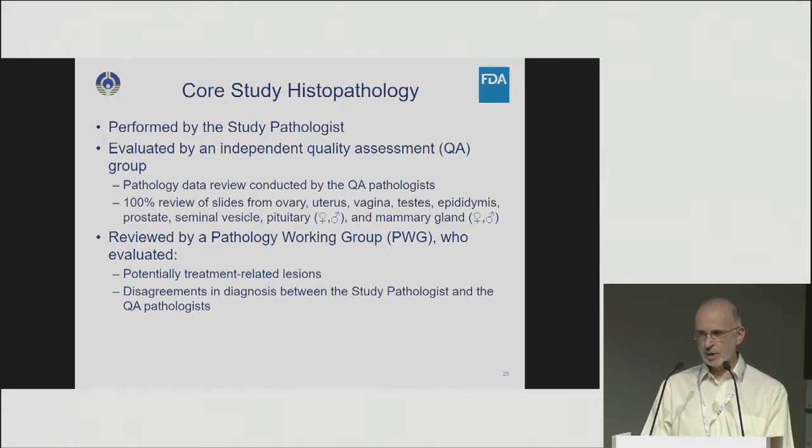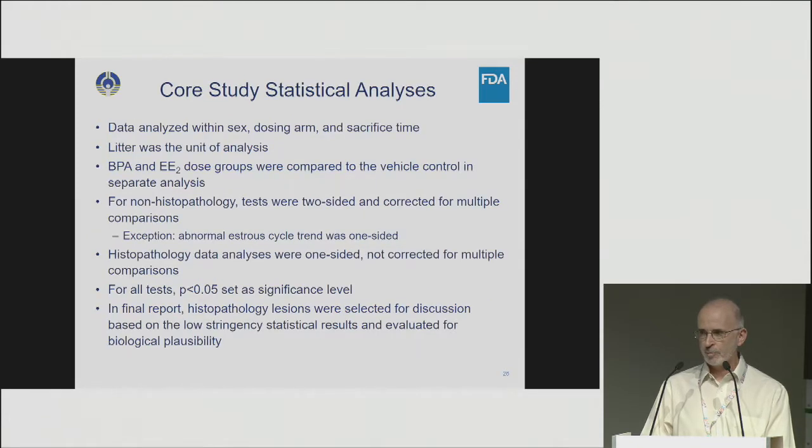Any potentially treatment-related lesions or any disagreements in diagnosis between the study pathologist and QA pathologist were then submitted to another group, a pathology working group of outside pathologists not involved in the study, and these ratings were done blinded. And the results from that pathology working group were what went into the final pathology report.